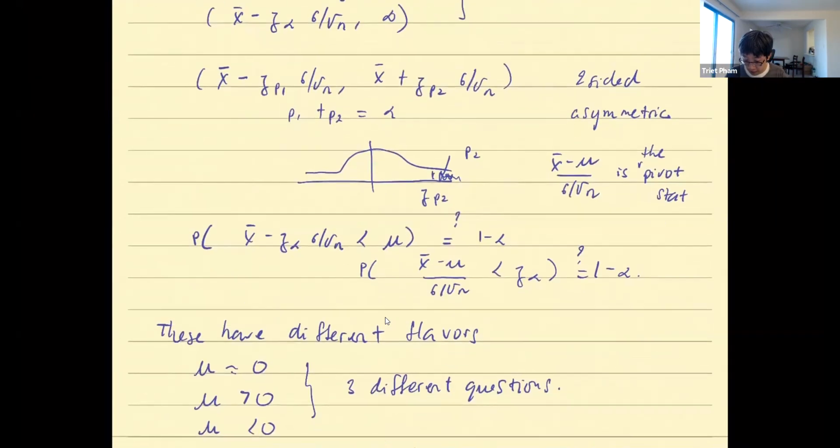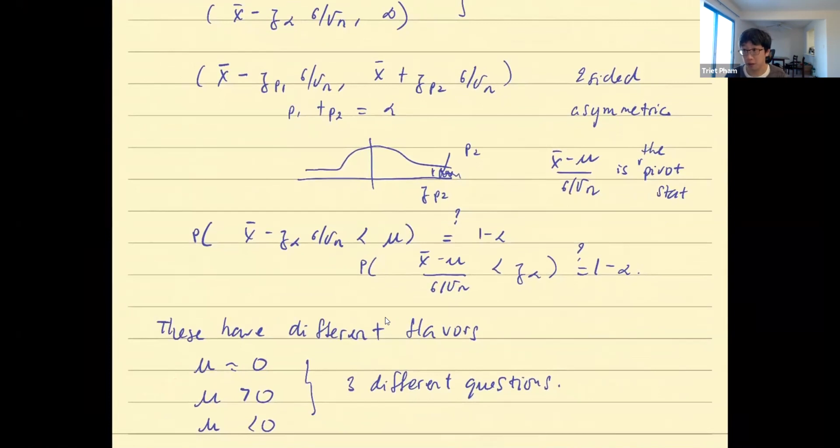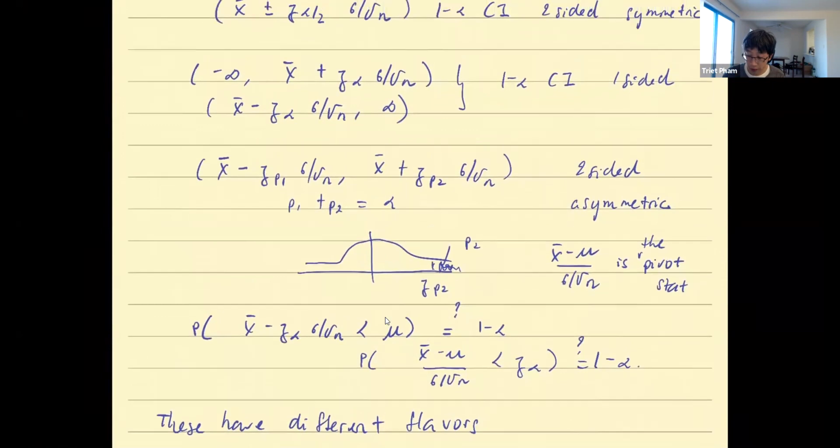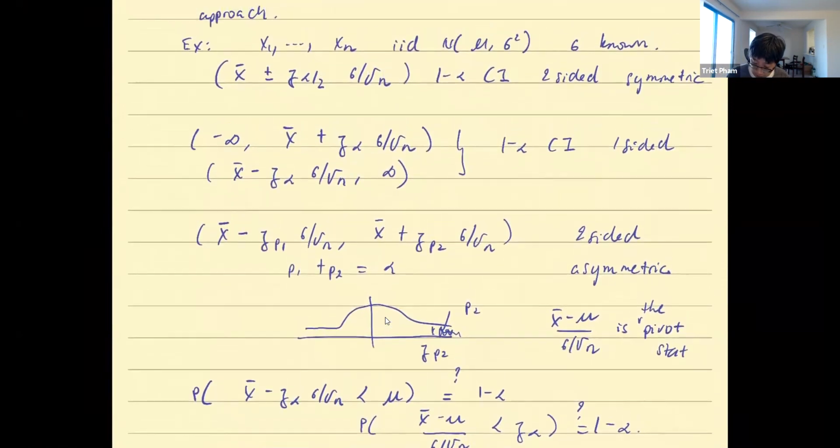I just dragged this in to demonstrate that these are three different questions. That's all. I'm not trying to make the connection right now because I need to work it out more precisely. The point I want to make now is that this deals with the two sides, but this only cares about the upper bound for mu. As far as the content of the confidence interval goes, how you want to use it in a different question, you have to modify.